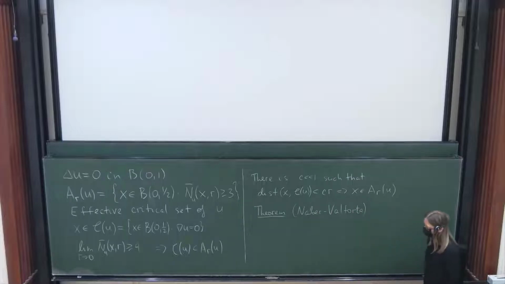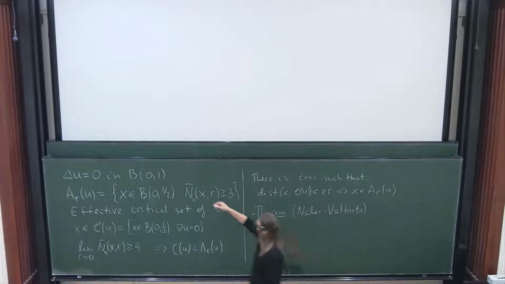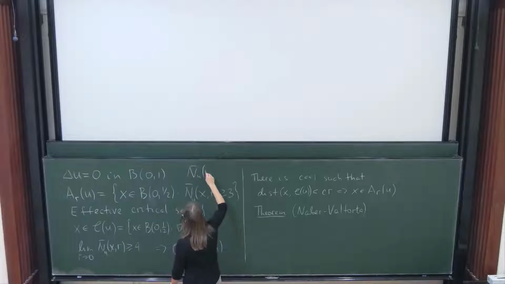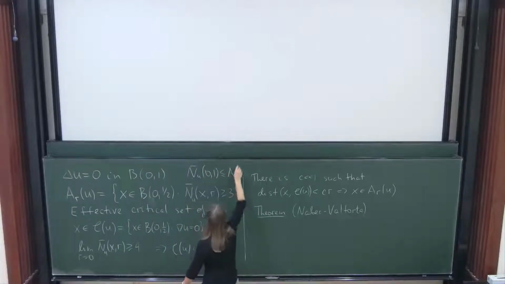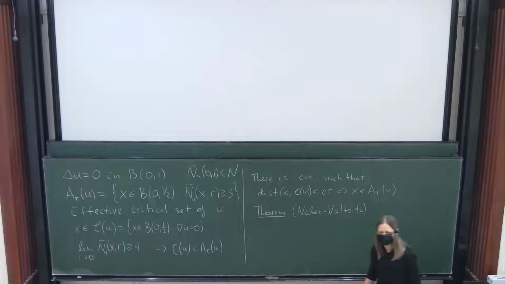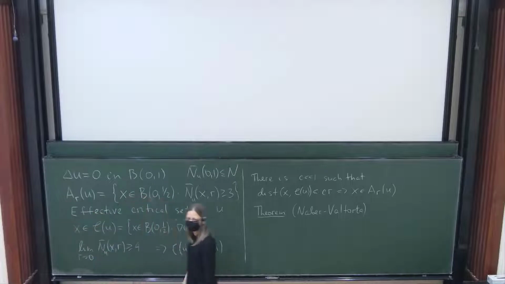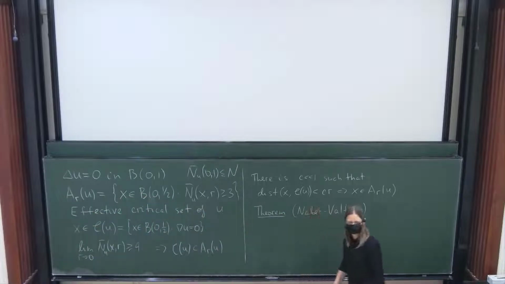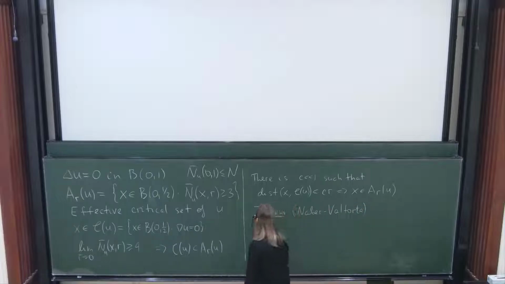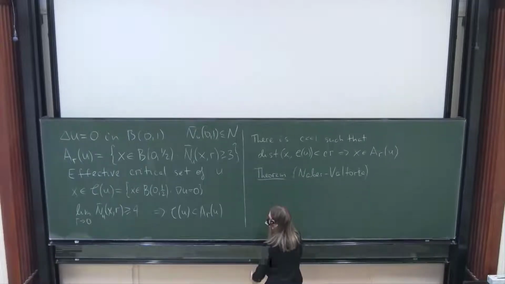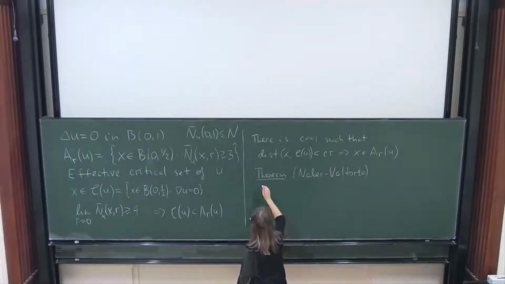It tells you that if we're in this situation and say the frequency on the large scale is bounded by capital N, then we can cover this set by balls of radius r and control the number of the balls. Or if I'm in high dimensions, better to do it this way.